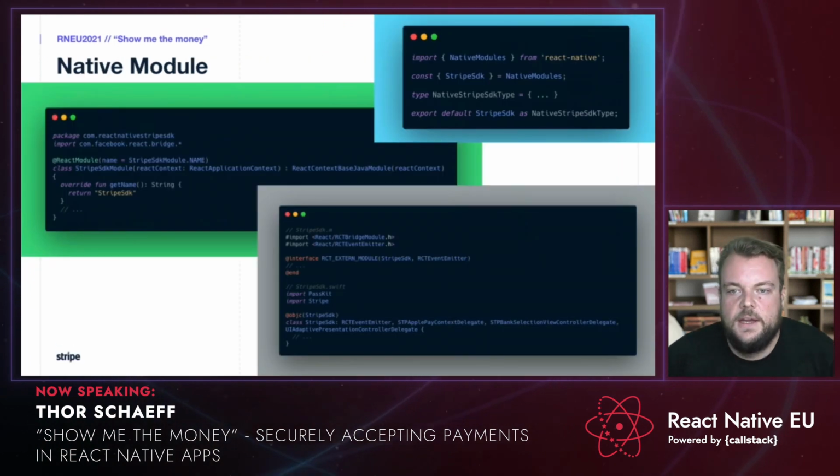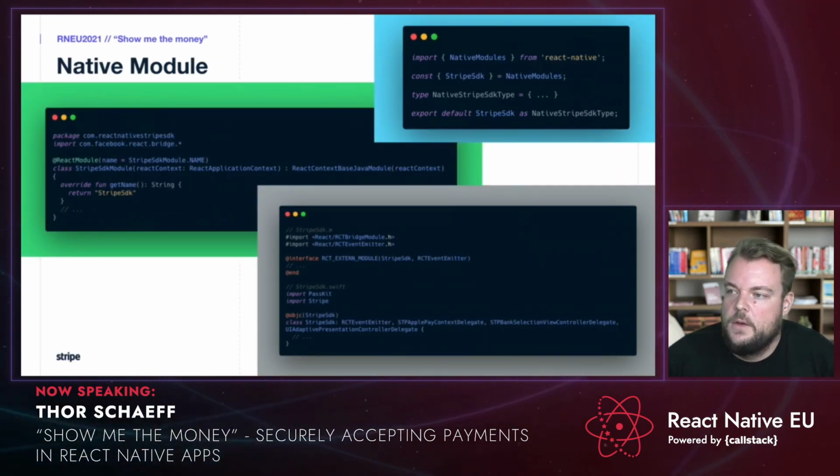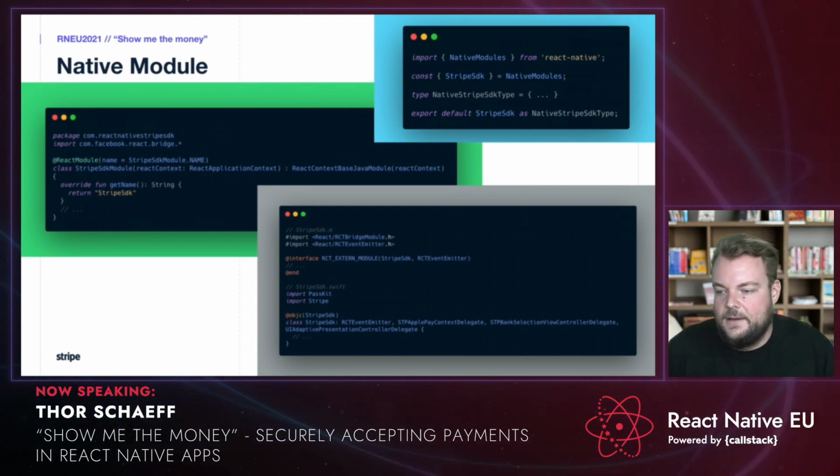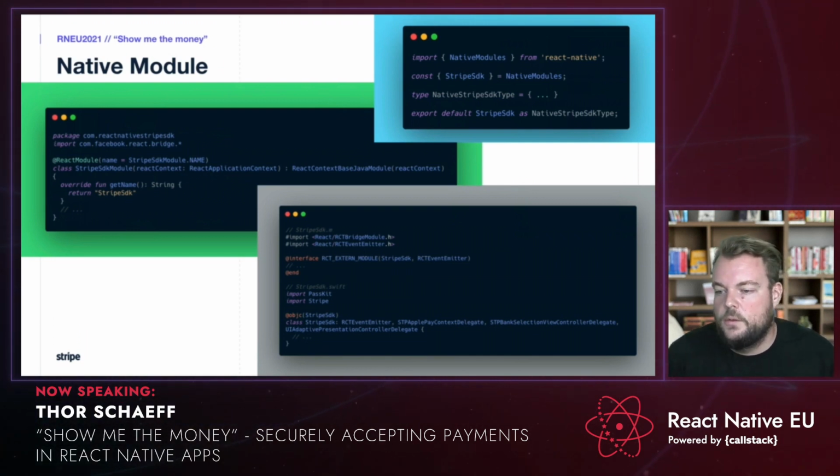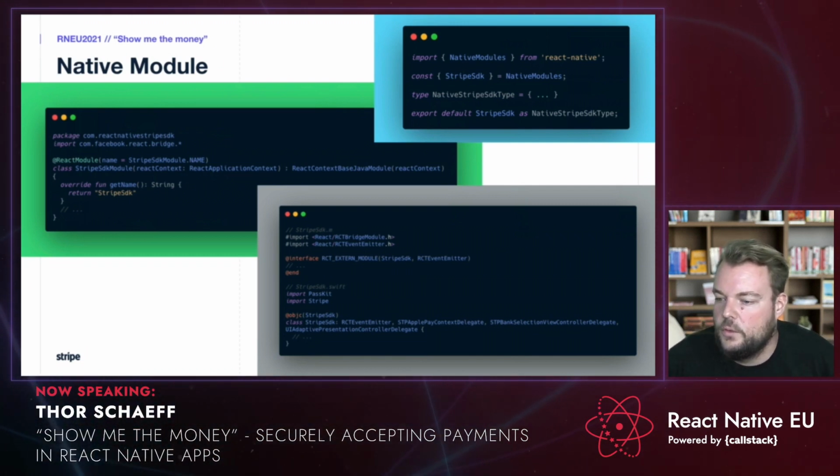Now let's dig into the native module. So we're using React Native's native modules. On iOS, we've written this in Swift. So here with the gray background, and again, as mentioned, all these visuals are links. So when you have the slides open, you can click on it and you can get to the actual open source code for it.